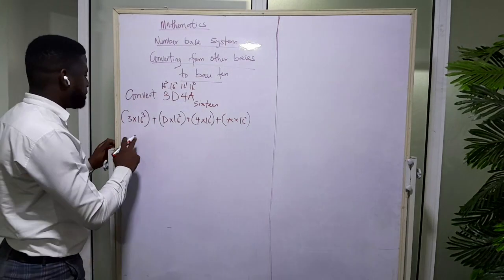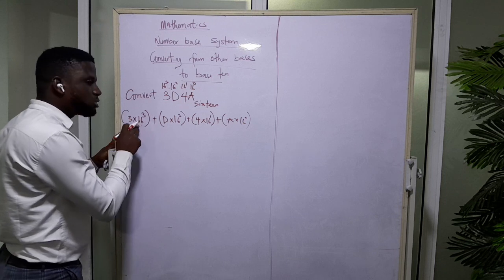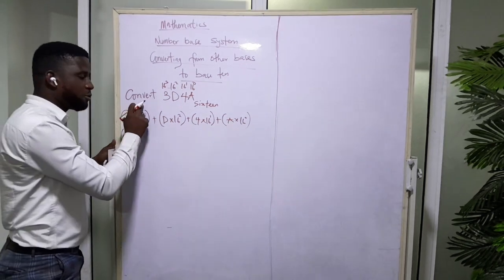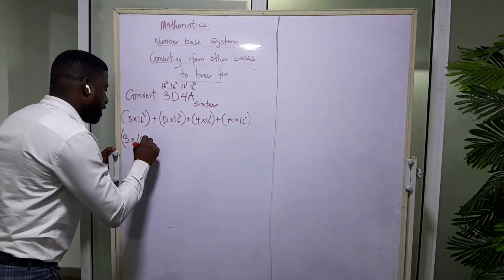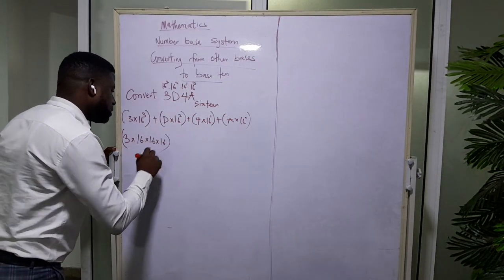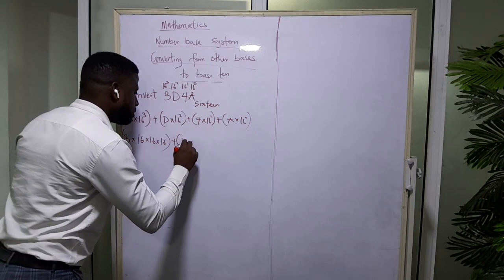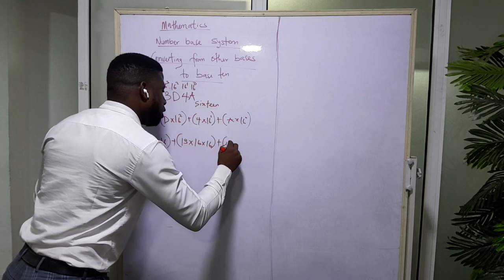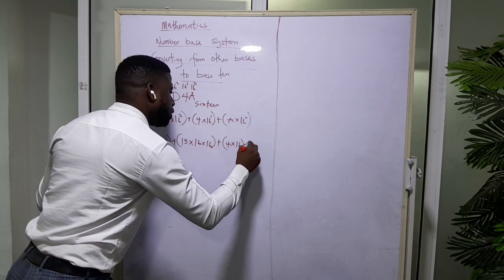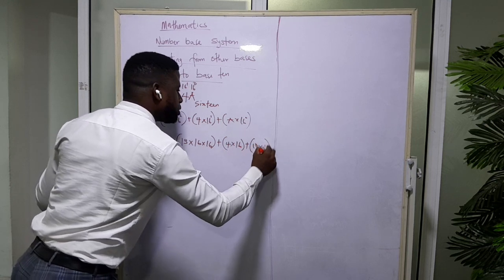4,096. Alright, so this is 3 times, of course, 16 raised to the power of 3, which means I'm multiplying 16 in 3 places. That's 16 times 16 times 16, plus D, which is 13, times 16 times 16, plus 4 times 16, plus A, which is 10, times 16 raised to the power of 0, which is 1.